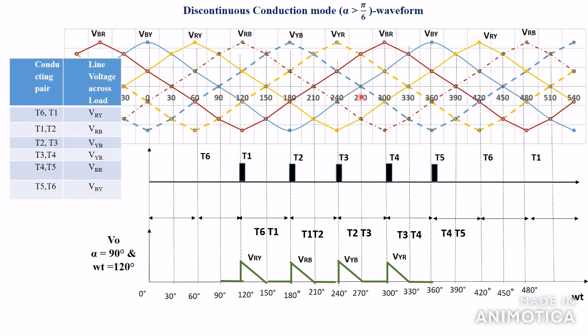The conducting pair is T4, T5. So the load voltage is VBR, this red color solid waveform. From 360 to 390, this portion will appear across the load. At 390 it is becoming 0.